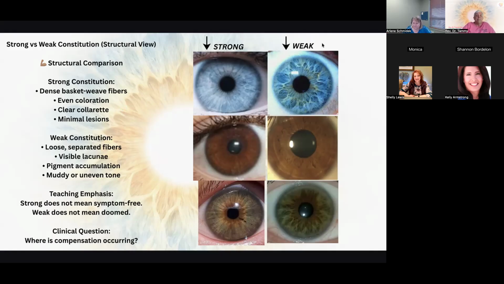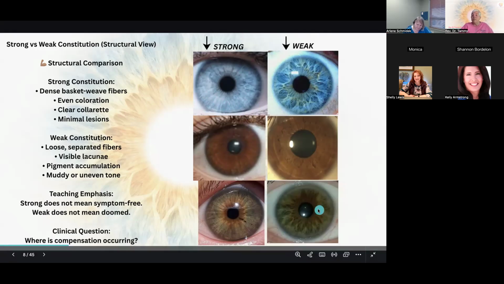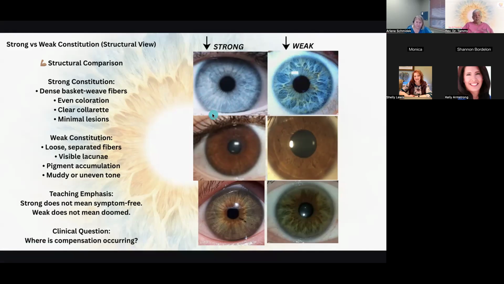But these people, if you've got a nice strong constitution, can get away with eating crap a lot quicker than the person with the weak constitution. That's another thing I can tell you. A strong constitution, somebody that's got that strong build, that great body, and has been handed kind of a golden ticket with health, they're going to do okay, even if they eat crap, drink alcohol, probably smoke cigarettes.